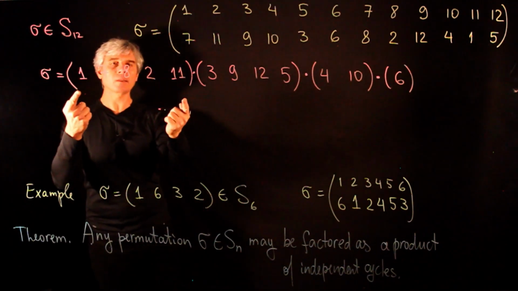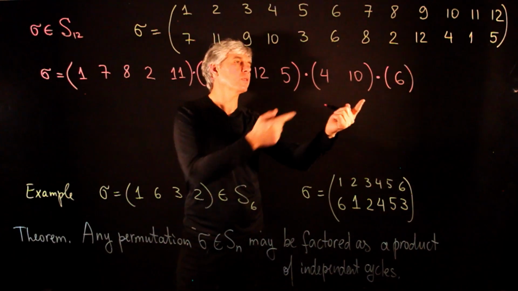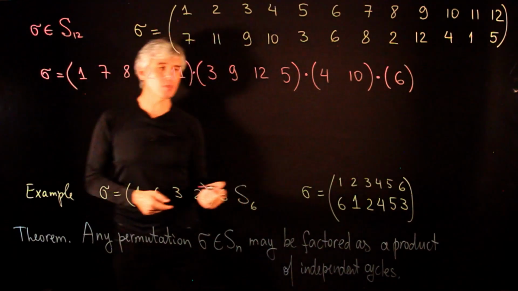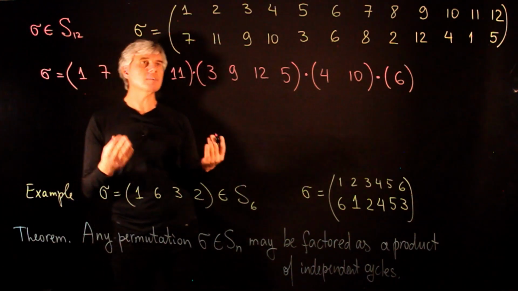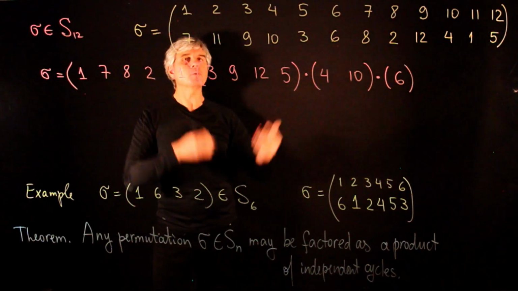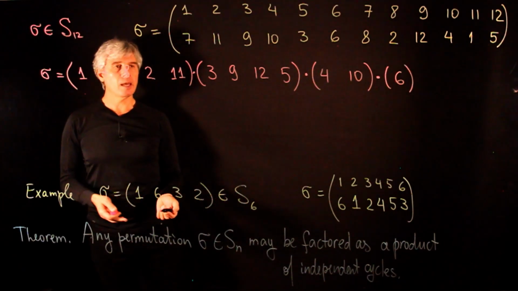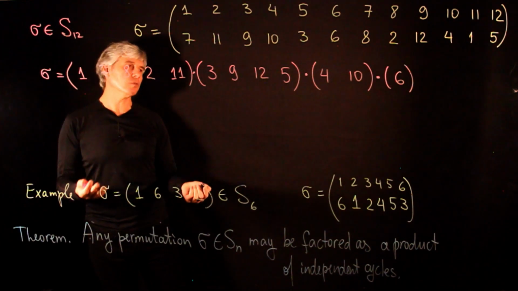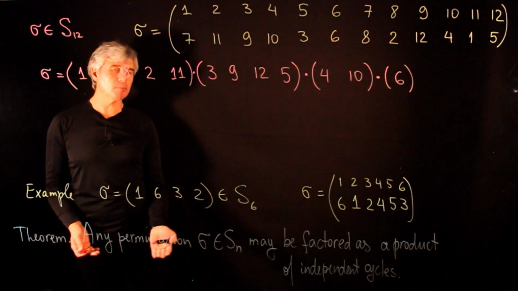So we have a cycle of length 5, a cycle of length 4, a cycle of length 2, and a cycle of length 1. And so thus we have this very simple algorithm. How can we take any permutation and break it down as a product of cycles? And so the existence of such a simple algorithm makes this theorem rather obvious.